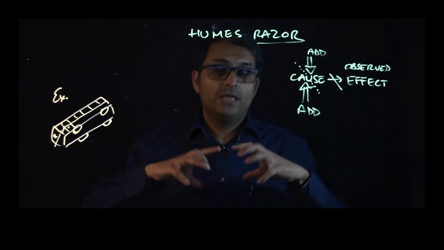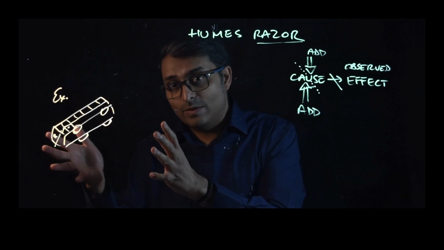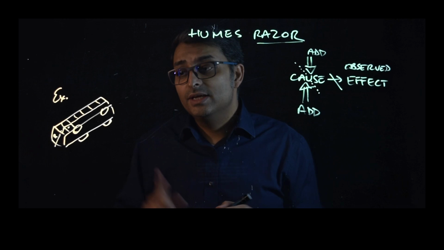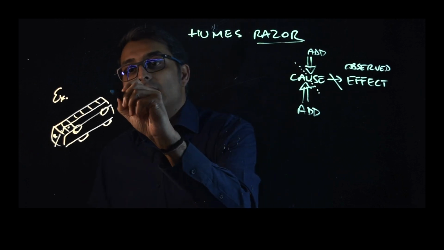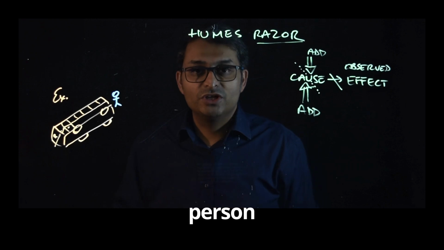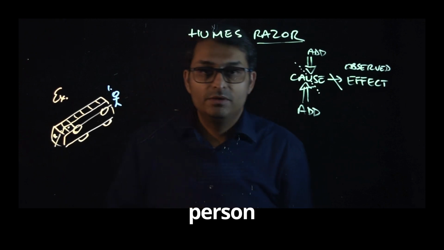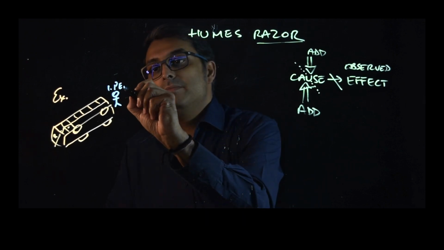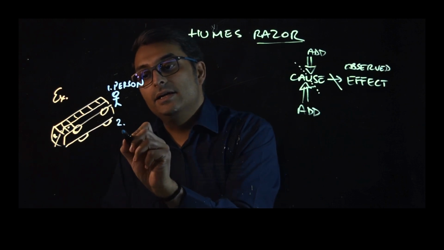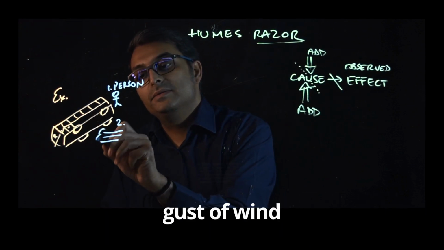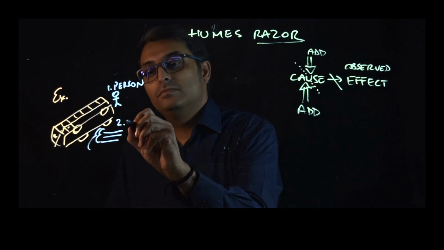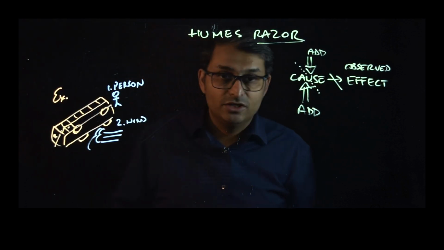As I said, there could be many reasons why the coach has now upturned, but if we look at three possible causes, number one is a person has pushed the coach and upturned it. So that's number one, person. Number two, let's say, is a gust of wind that has blown the coach over. So that's the gust of wind.